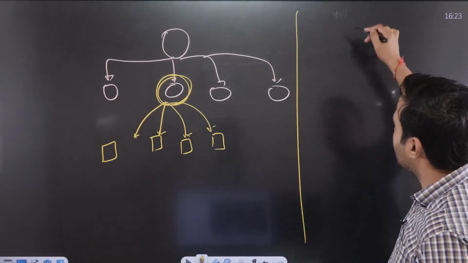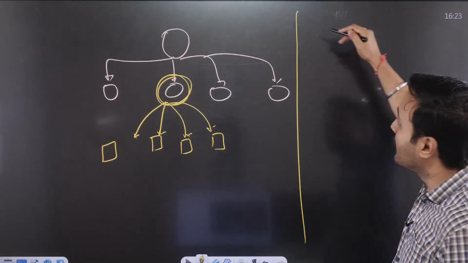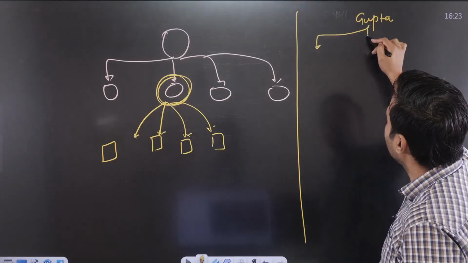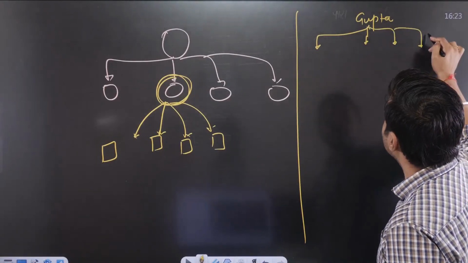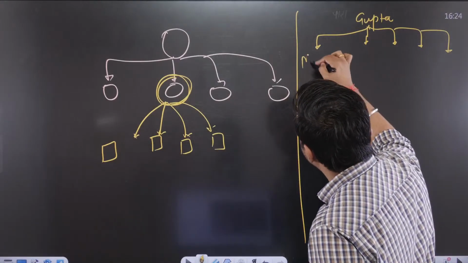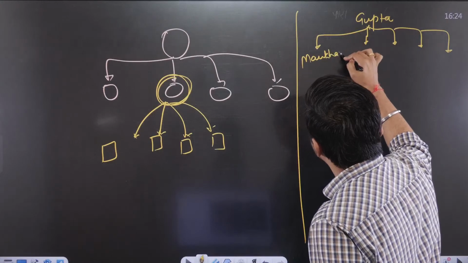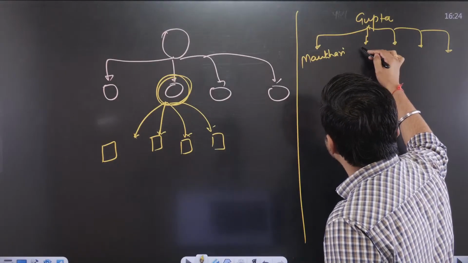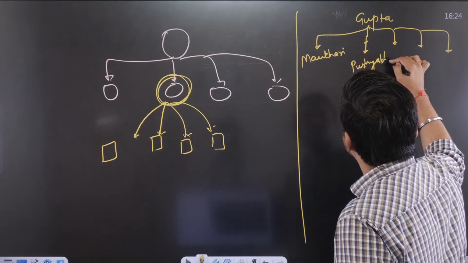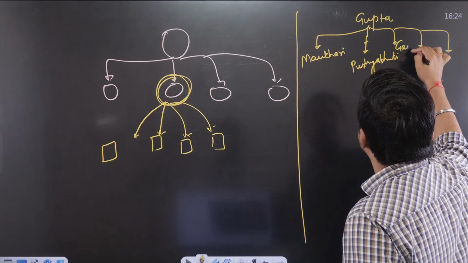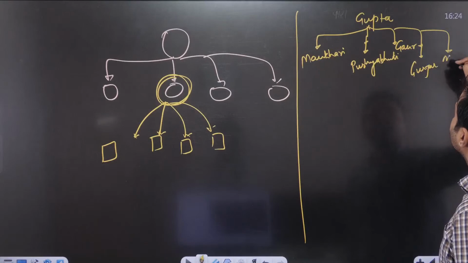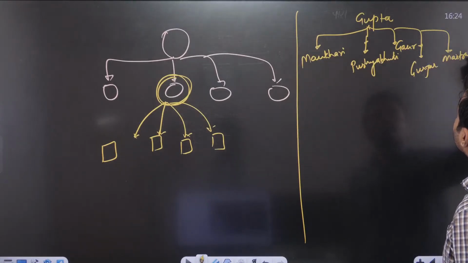For example, have a look at this. I will just make a flow chart for you that will be much easier to understand. Like the Gupta dynasty, they had so many feudatories. For example, they had Maukhuris, Pushyabhutis, Gaur, Gurjars, Maitrak.